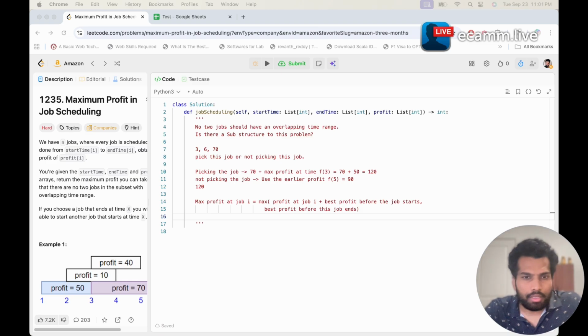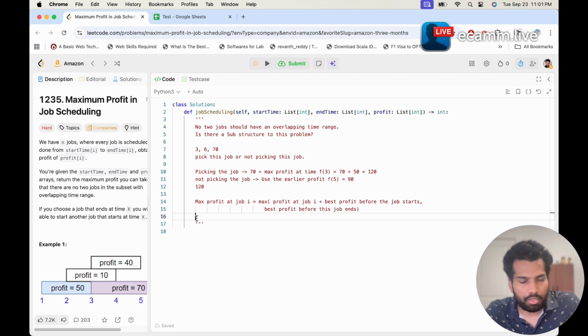So let's look at one of the approaches to solve this problem. Since we have established that there is a substructure here, and obviously there are also overlapping problems.